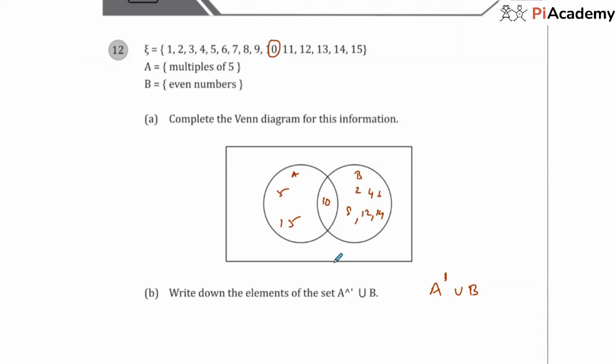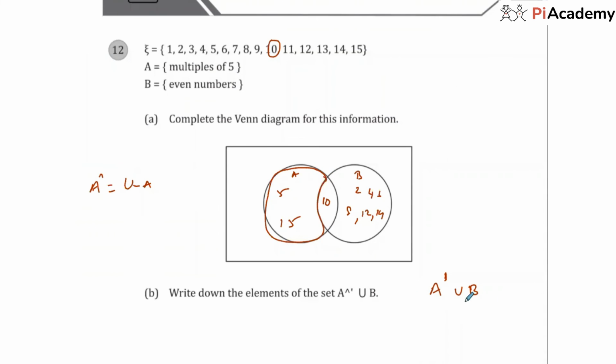Right? Now we are asked to write the set A dash. A dash is nothing but U minus A. So the overall set minus this thing. You need to remove 5 and 15.